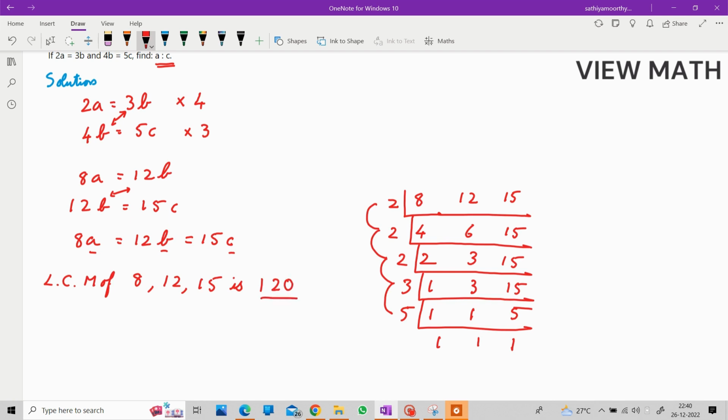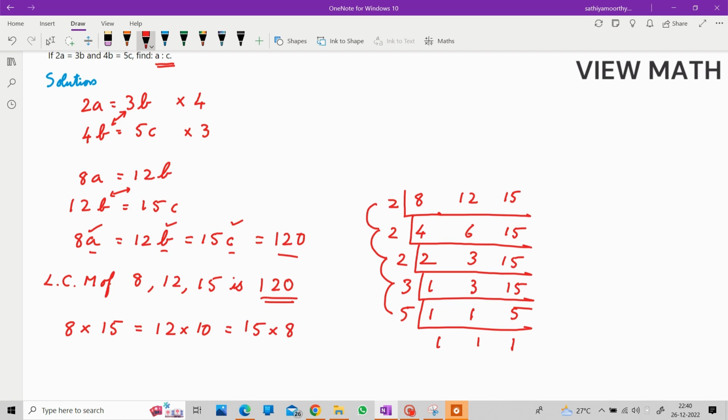120 is my LCM. So I'm going to make 8a is equal to 12b is equal to 15c to be equal to 120 to find out A, B and C. So 8 into 15 gives me 120, which is equal to 12 into 10. 12 times 10 is 120 and 15 into 8 gives 120.